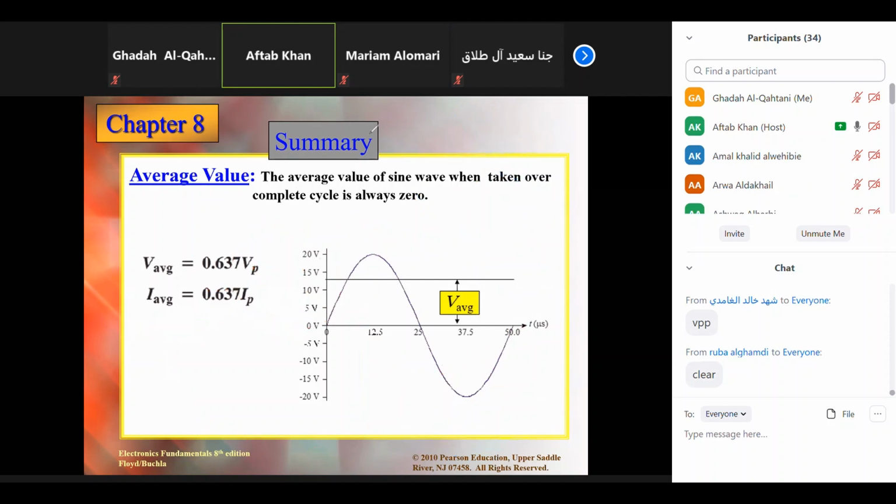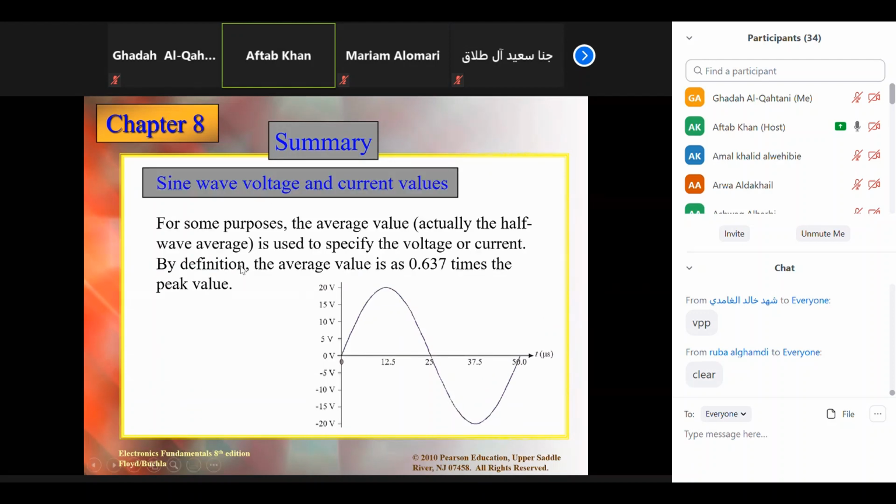Okay, so now this is the average value, girls, and I explained the formula for the average value to you. For some purposes, the average value, actually the half average of the wave, is used to specify the voltage or current by defining the average value as this times the peak value.